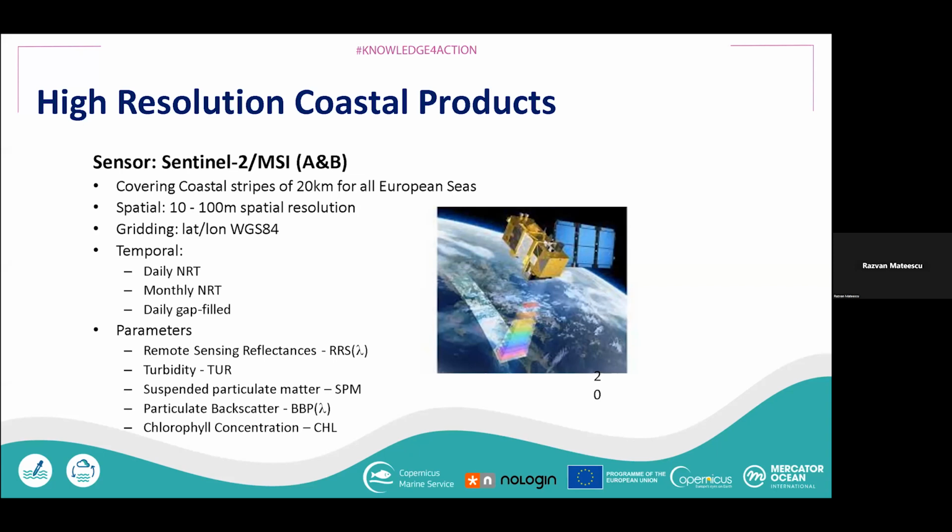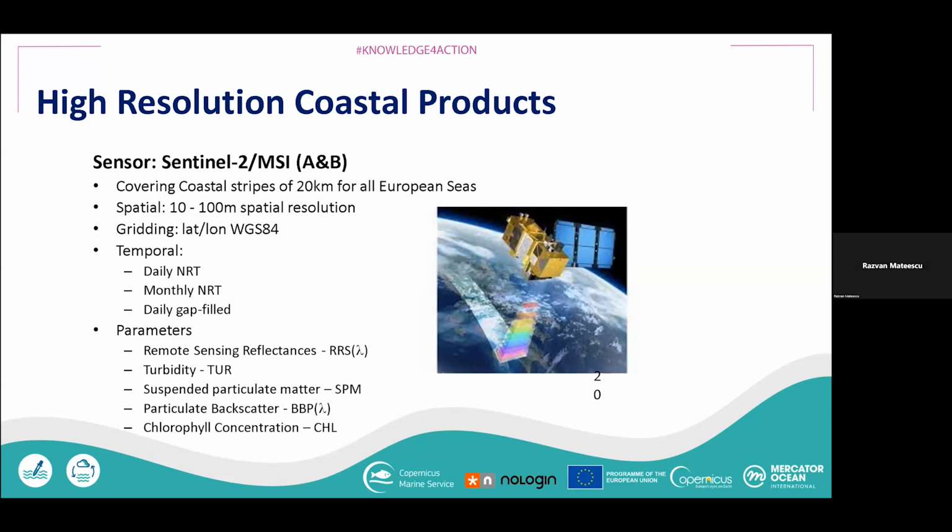For temporal resolution, it provides daily, monthly, and daily depth field data. As parameters, you'll find remote sensing reflectance, turbidity, suspended particulate matter, and also particulate backscatter and chlorophyll concentration.